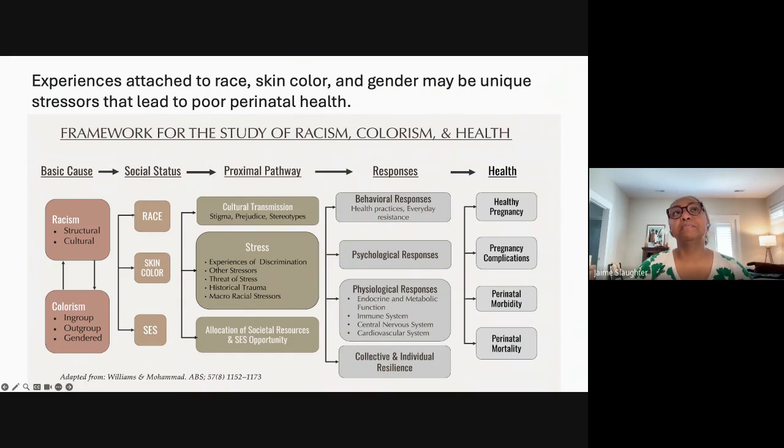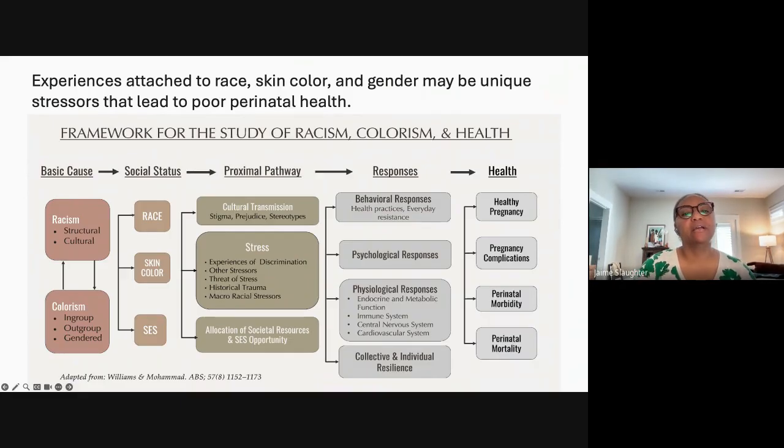Given the presence of colorism in the United States, and especially in the city in which I grew up, which is New Orleans, I felt that colorism may be equally as important as racism in shaping maternal health.